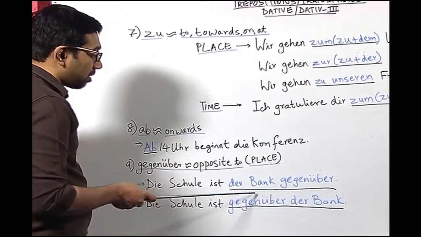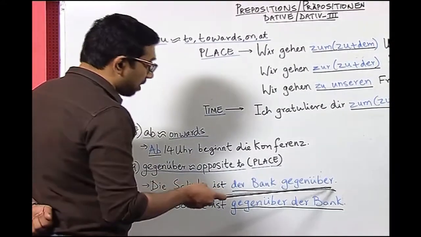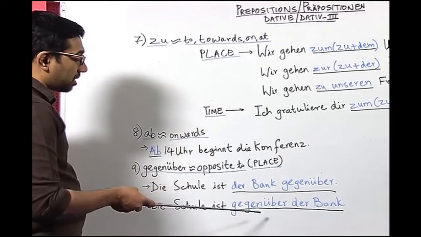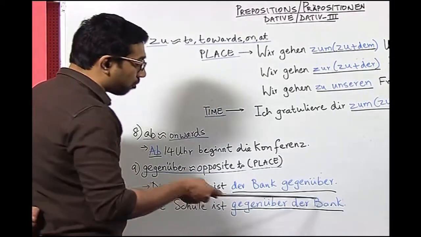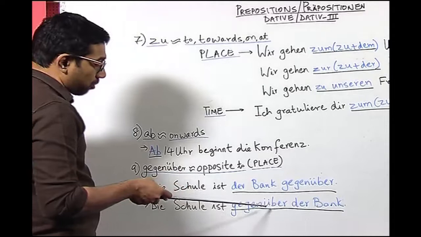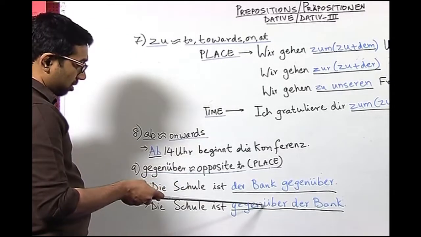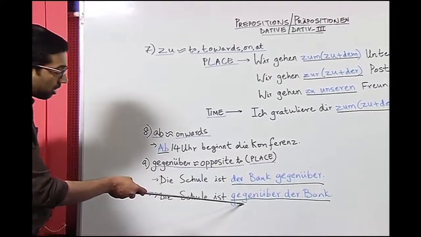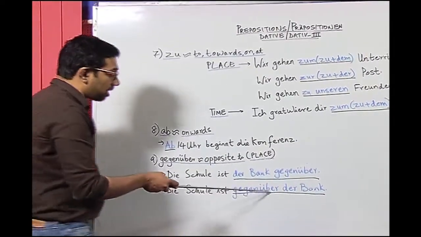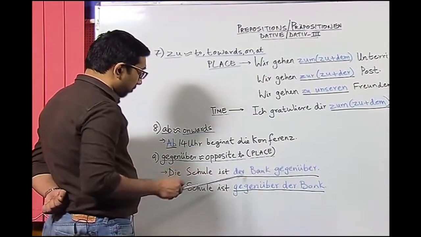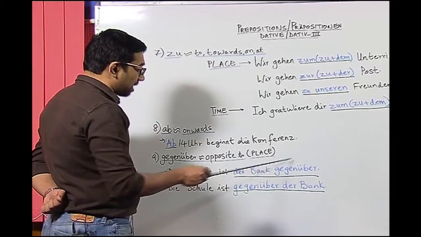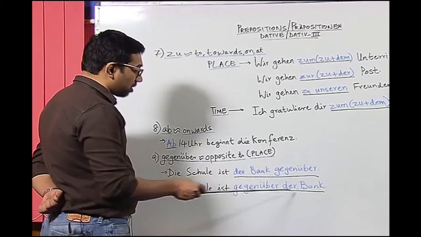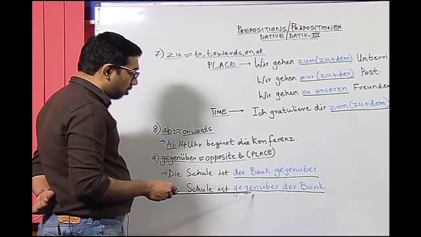It can either go after the dative noun or the pronoun, or it can stand before the dative noun or the pronoun like the other prepositions. Therefore, while writing the preposition gegenüber, make sure that you are choosing the correct position.